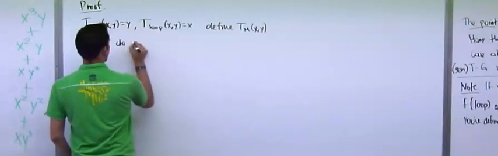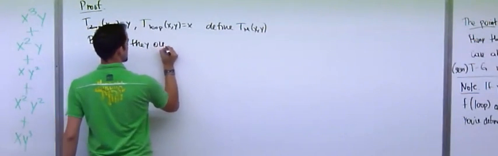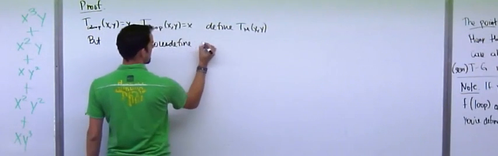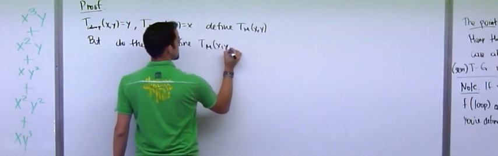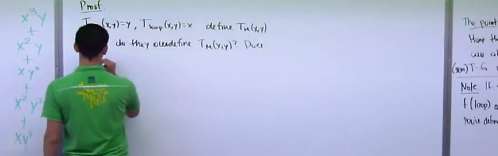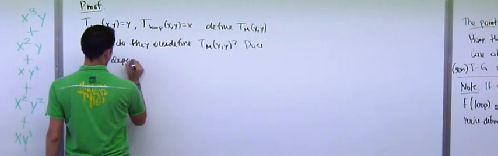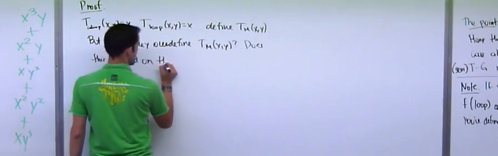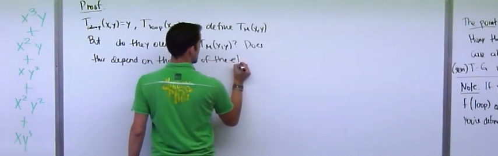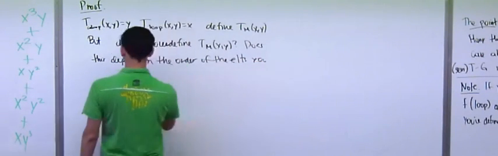Do they over-define? In other words, does this depend on the order of the elements you delete and contract?